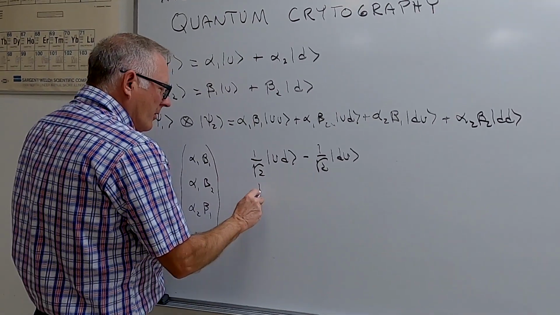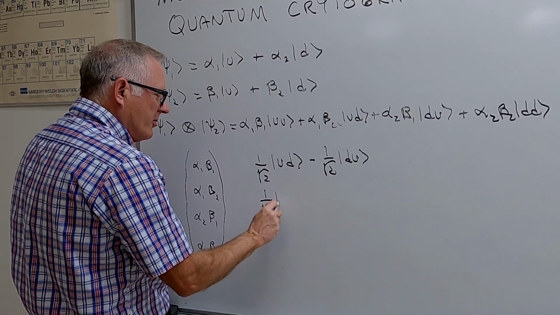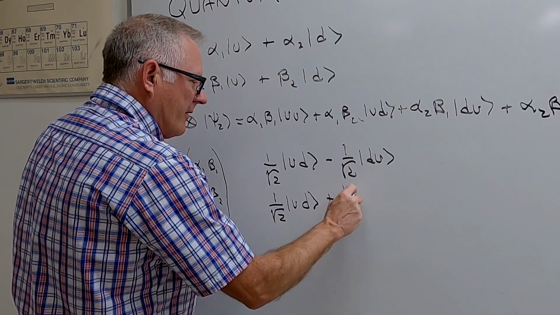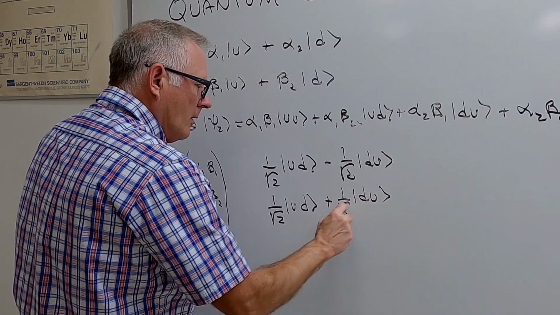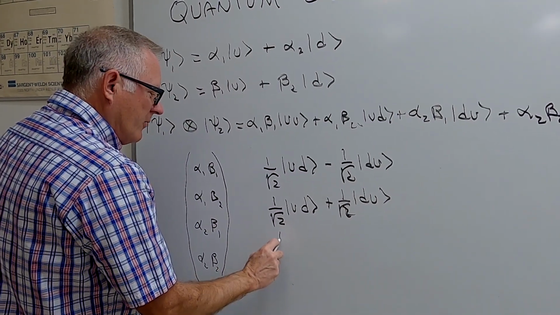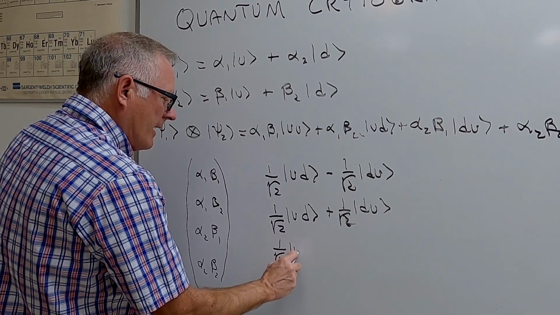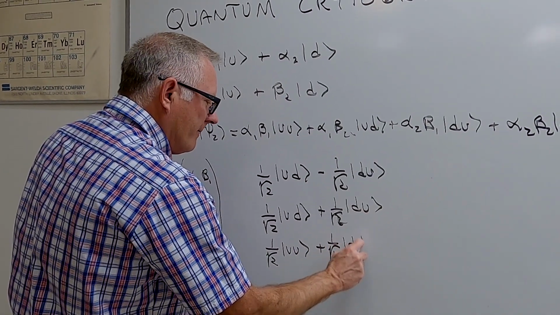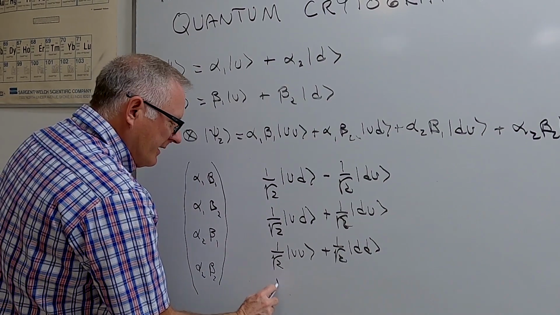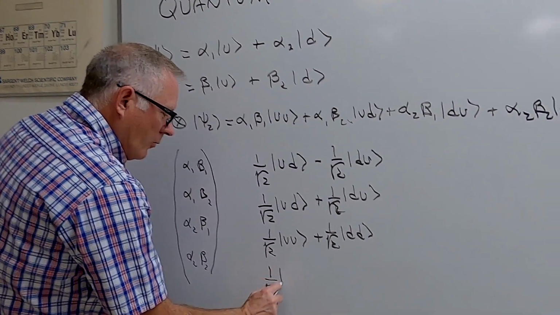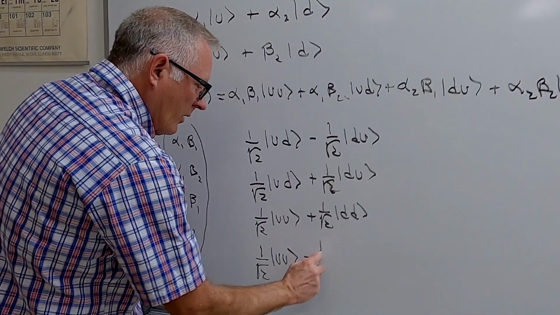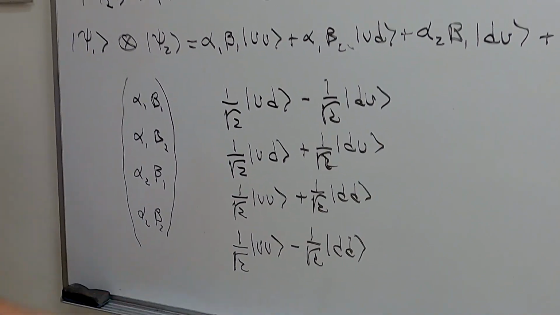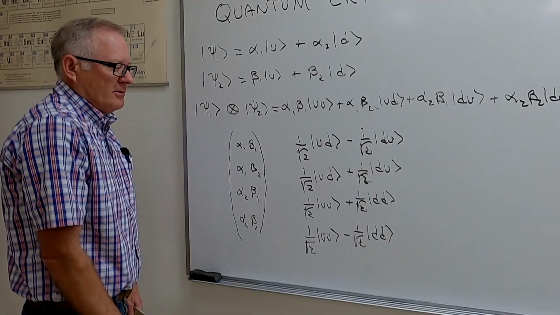Another one, I guess we could have said, 1 over the square root of 2 up, down, plus 1 over the square root of 2 down, up. Or we could have said 1 over the square root of 2, say up, up, plus 1 over the square root of 2 down, down. Or the last one here we could say is up, up, minus 1 over the square root of 2 down, down. So these are all maximally quantum entangled states.